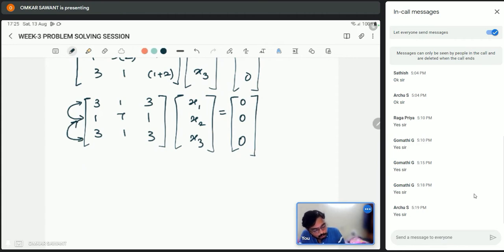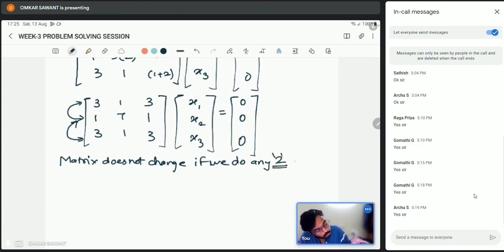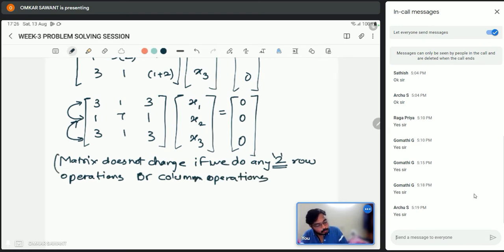Because the matrix doesn't change if we do any row operations or column operations, right? This is the rule.